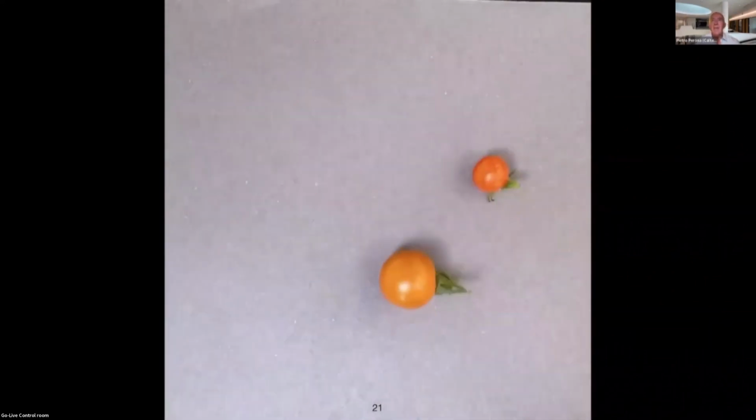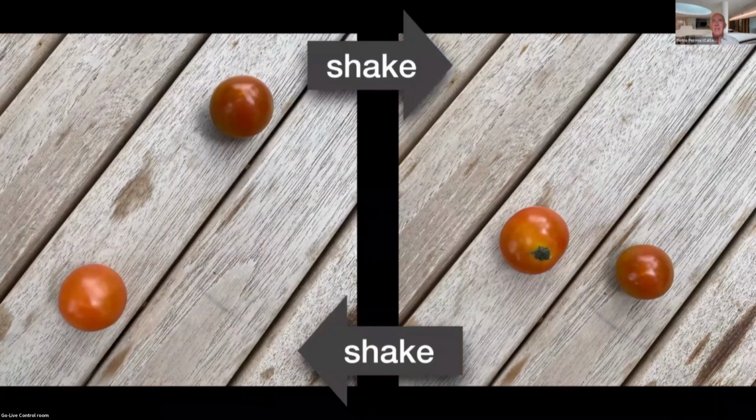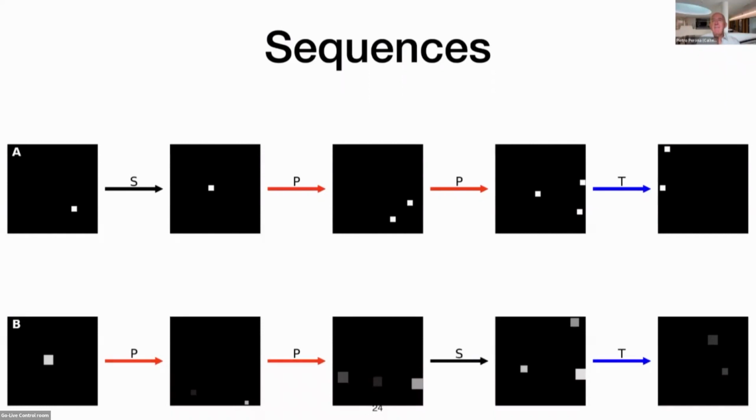So the way I think of it is that there are 3 actions that the child can do. One is to put an object into the workspace. Another one is to take an object away. And the third one is to shake the objects to change their arrangement. And in order to explore this question, we're actually not using tomatoes for the moment. We're using artificial pictures with synthetic blobs that represent the tomatoes or the objects.